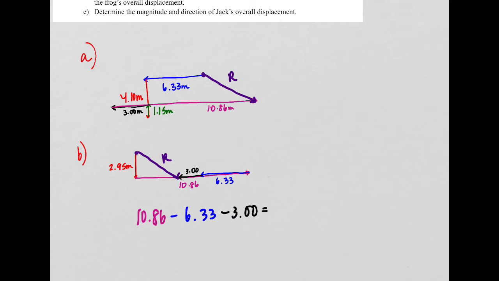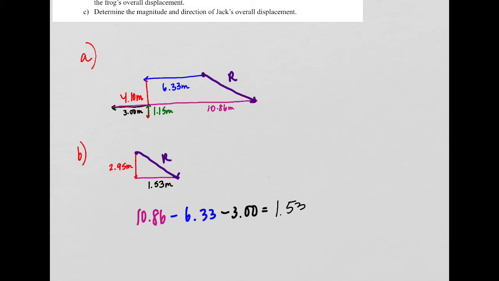When we put all that together, we have a distance of 1.53. We erase all of this. This is the distance of this one right here, 1.53 meters.